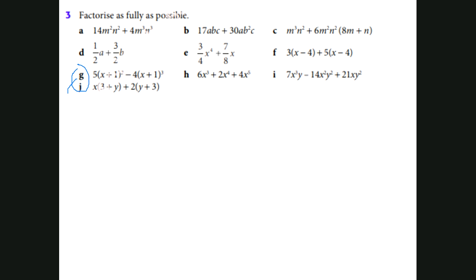Let me explain. Let me make it a little bit simple for you. If I will say x plus 1 is equal to y, I'm just supposing it. So x plus 1 is equal to y. In place of x plus 1 I will put y, and there is a square, I will put square, minus 4, then again x plus 1, we suppose that is equal to y, so it will become y cube. Now see here, y square and y cube, it means y square.